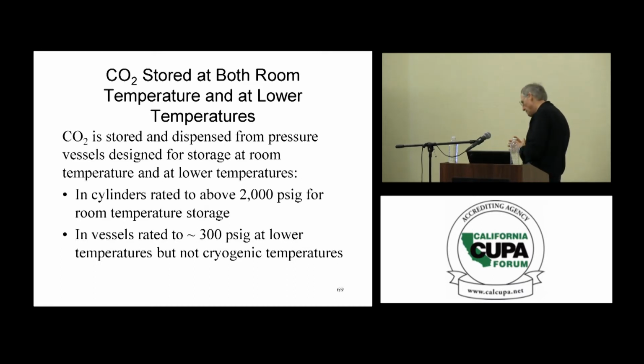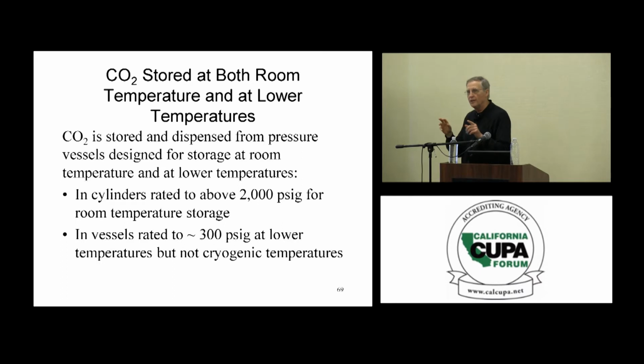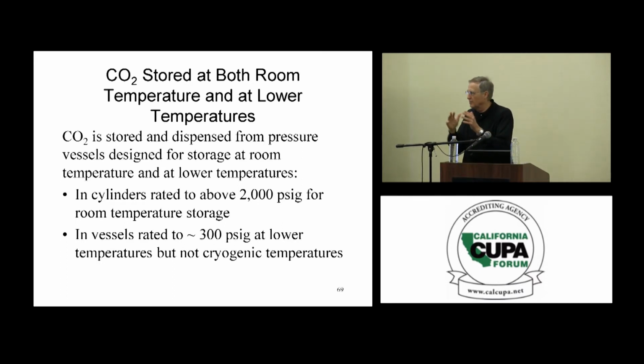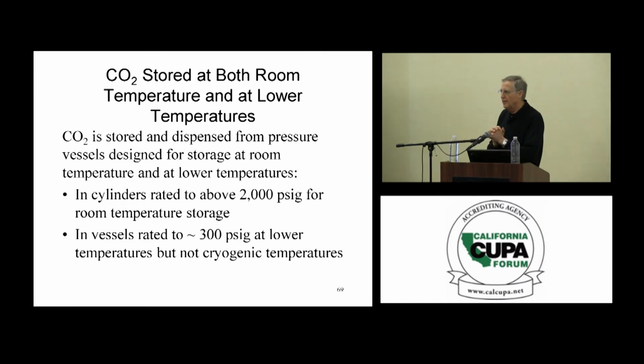Now, to answer your specific question, which was, if we have this liquid phase going to a gas phase and the pressure is going to be increasing, can't that be very hazardous? The answer is yes. But these containers for CO2 made for ambient temperature storage are typically rated at 2,000 psig.